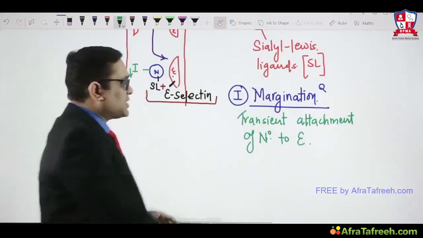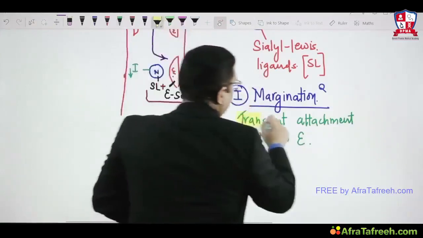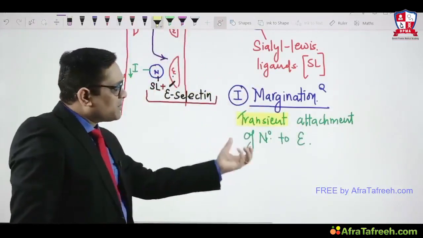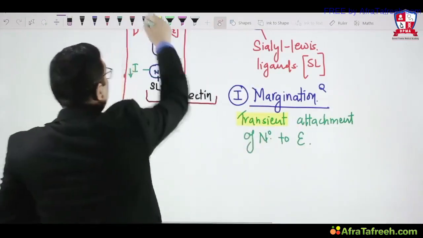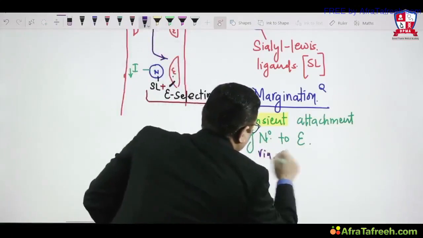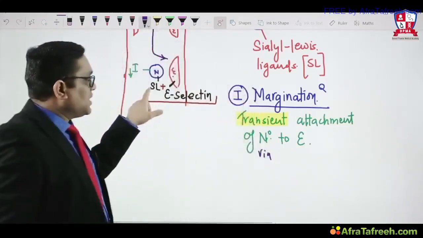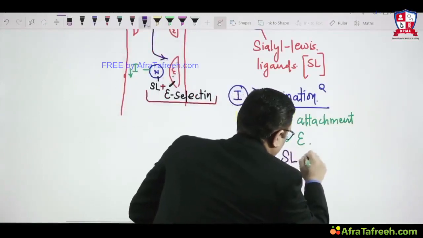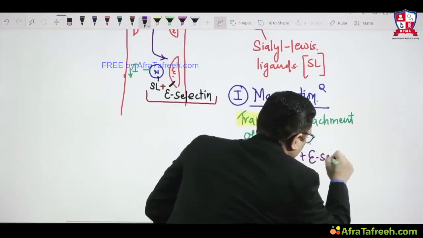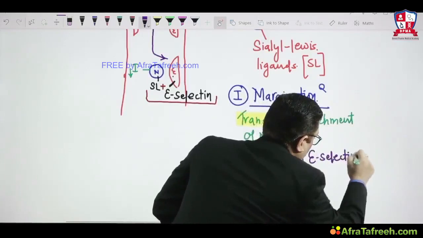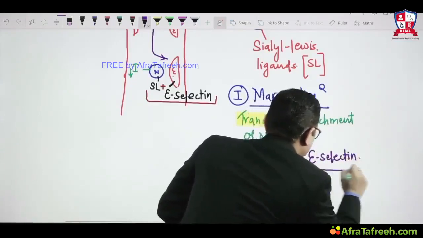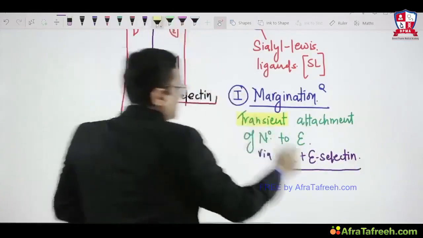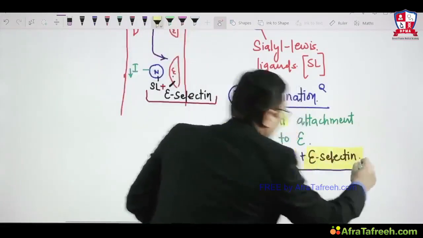That is why I have written the word transient: because it's a weaker attachment of neutrophil to the endothelium. How? Via which adhesion molecule? Sialyl-Lewis and E-selectin. So via sialyl-Lewis ligand and E-selectin adhesion molecule, right? That is the important adhesion molecule, and that was the question in the AIIMS exam.